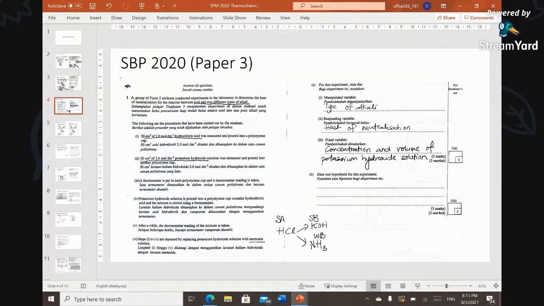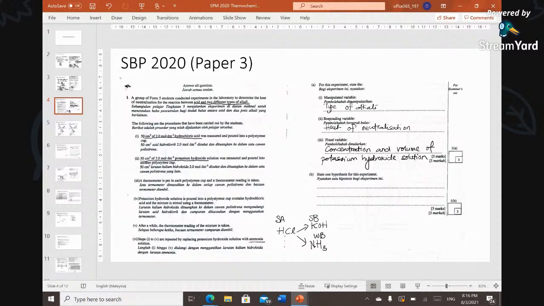Next section B, state one hypothesis. The most important thing for you to find out is the responding variable. Once you already find out the manipulated, responding, and fixed variables, you just have to relate them. For the hypothesis, you have to show the relationship between the manipulated variable and the responding variable, plus the direction, if you remember the previous class that I mentioned.